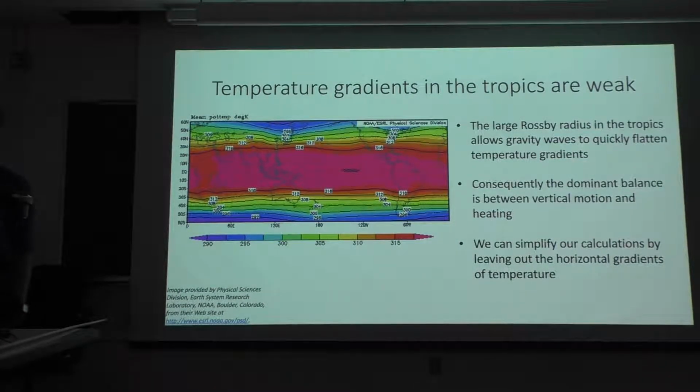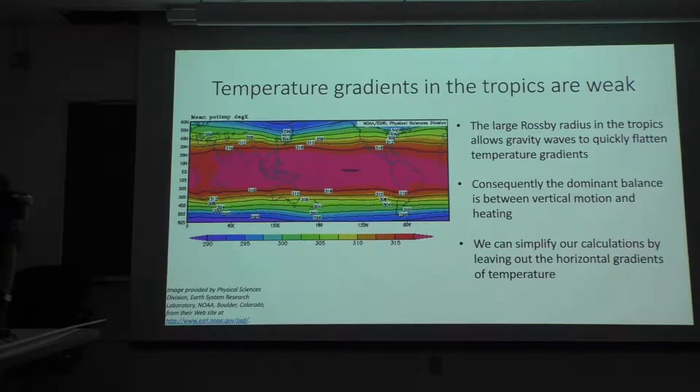The thing that makes tropical meteorology both complicated and fairly simple is the fact that around the equator, where the Coriolis force goes to 0, the Rossby radius goes to infinity. That means that gravity waves can redistribute temperature anomalies very quickly.